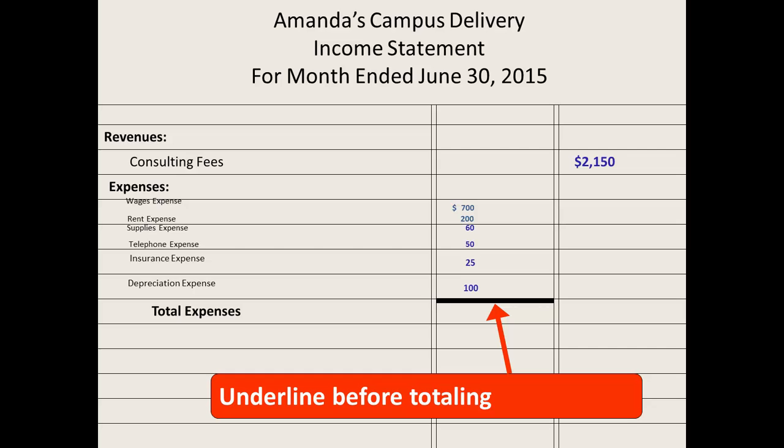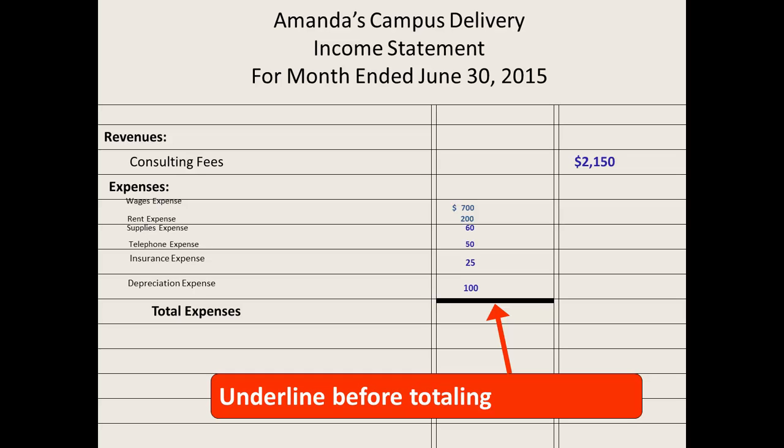Now I didn't have to do that with the revenues because there was only one. So I don't have to say total revenues. Now if I had more than one revenue, I would have put the numbers in the left-hand column, put a line under them, added them up, and I would have had to say total revenues.